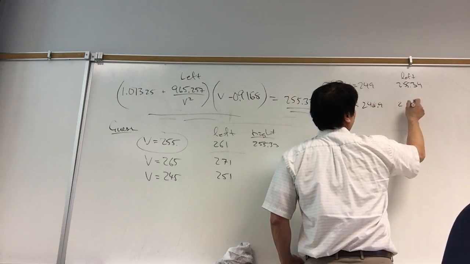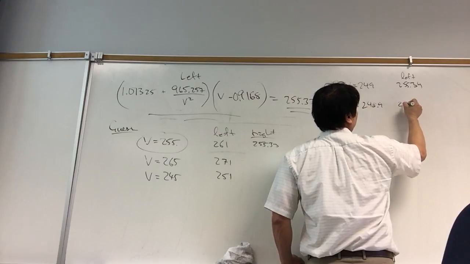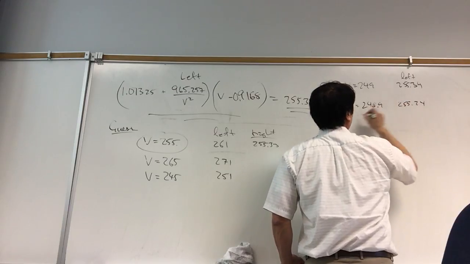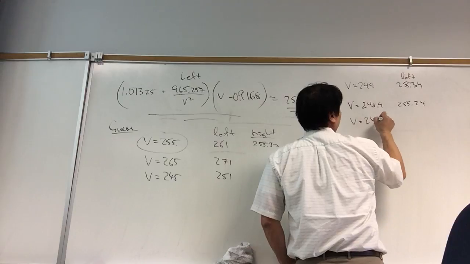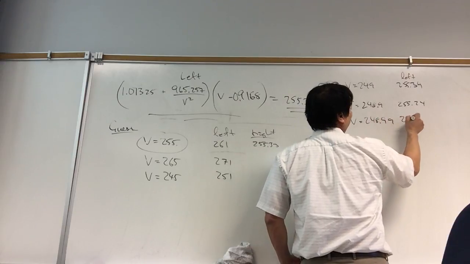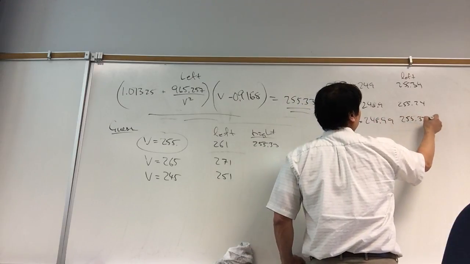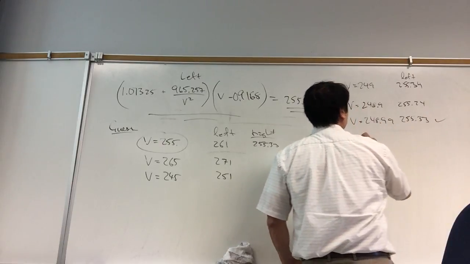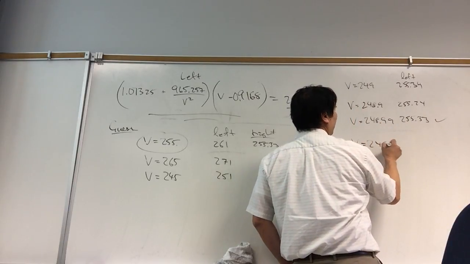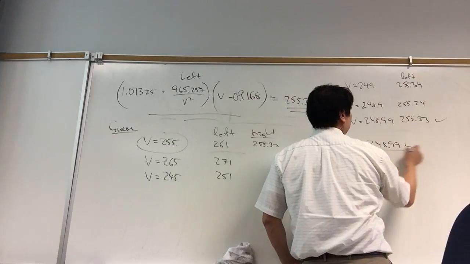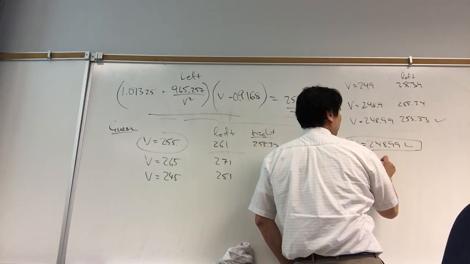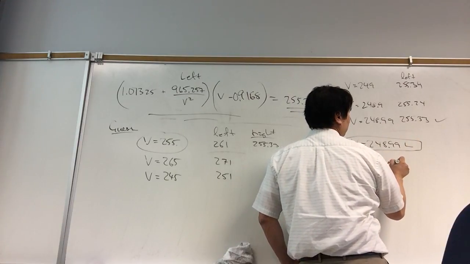That gave us, on the left, 255.24. And then we went to 248.99, which brought us to 255.33. And so that looks good. And so the volume is 248.99 liters.